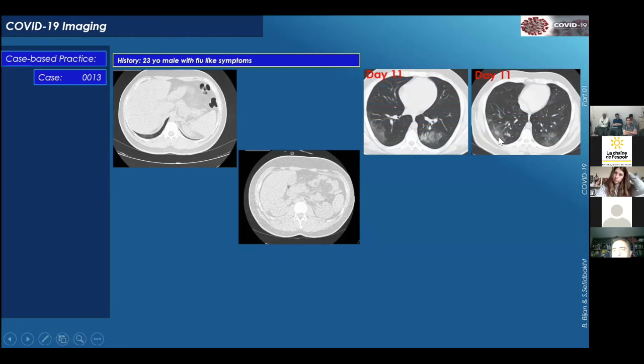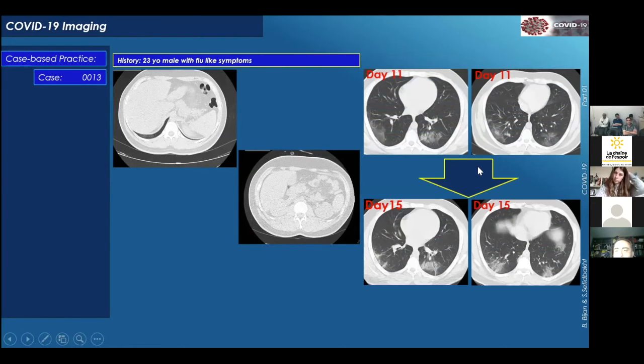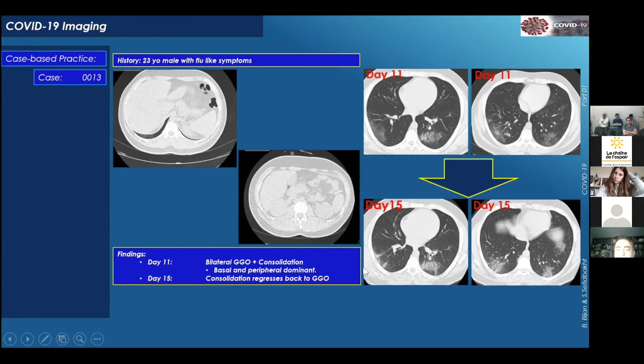On day 11, these are the findings on the chest. And on day 15, you see this faint ground glass opacity area now changed into areas of consolidation and maybe crazy paving appearance. So this is a natural progress of ground glass opacity areas changing into consolidation.